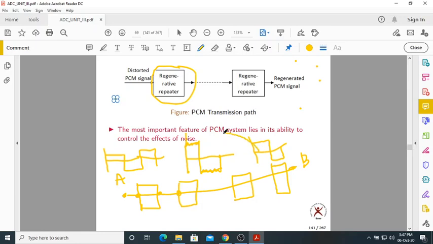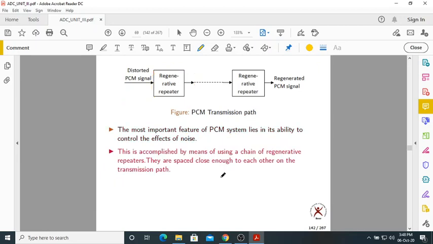Again this repeater will remove the small noise that is present. So we are removing the noise at small distances by using these regenerative repeaters.